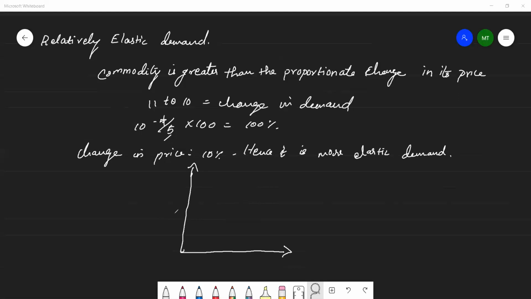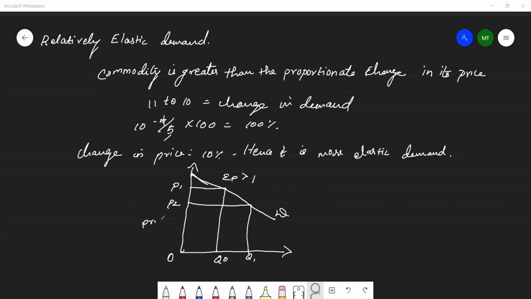P, then P1, then Q0, Q1. So first P1. Then the curve is P. So EP greater than 1.